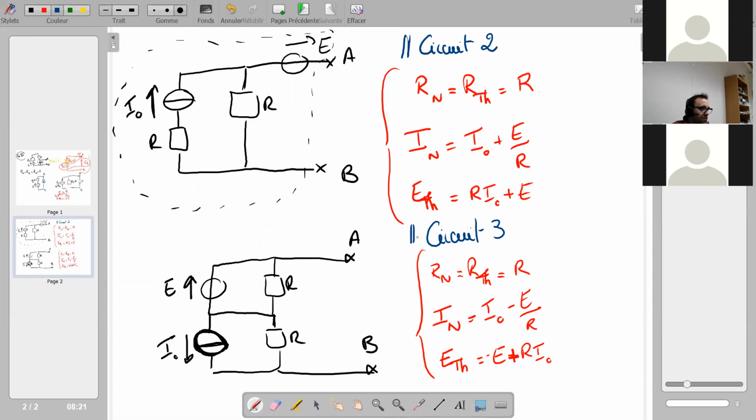Then you can move to circuit number 3 and play with whatever methods you want to get the current I. If you're blocked at some point, feel free to let me know.